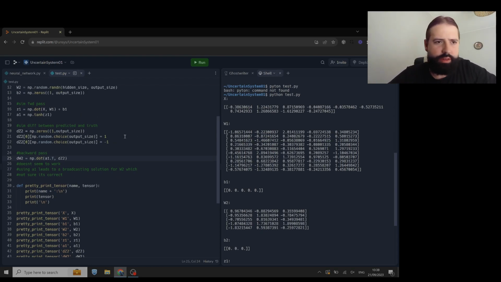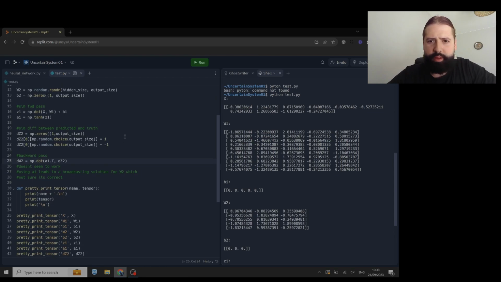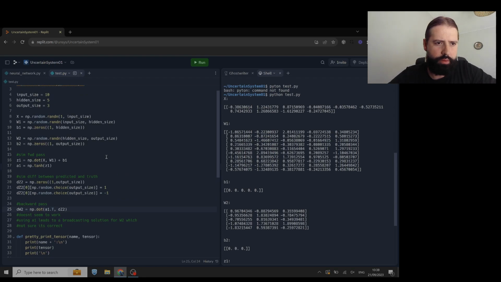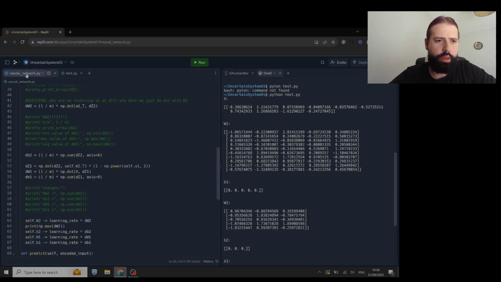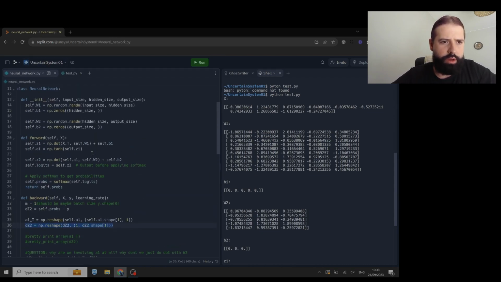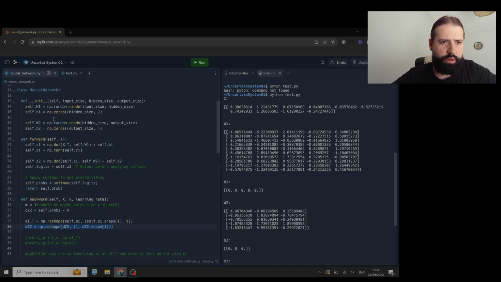So we have X. X being something that's like dimension 10. Then we have W. Then we have B1. This has been initialized with zeros.